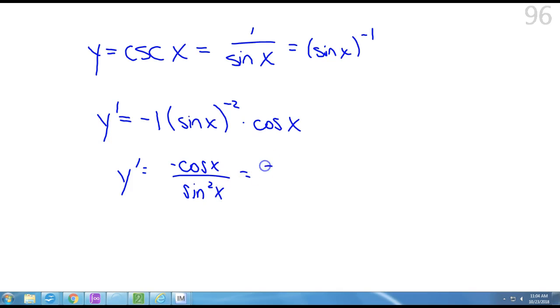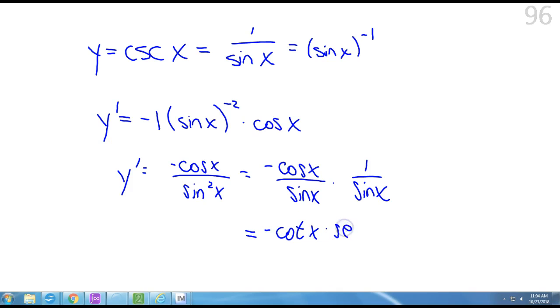And then I can make this negative cos over sine times 1 over sine, same way we separated it out before. And then what's negative cos over sine? That's negative cotangent. And then 1 over sine is cosecant.